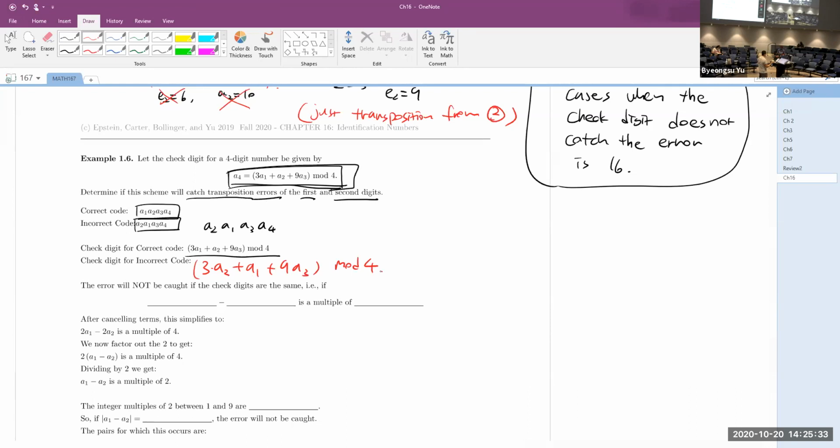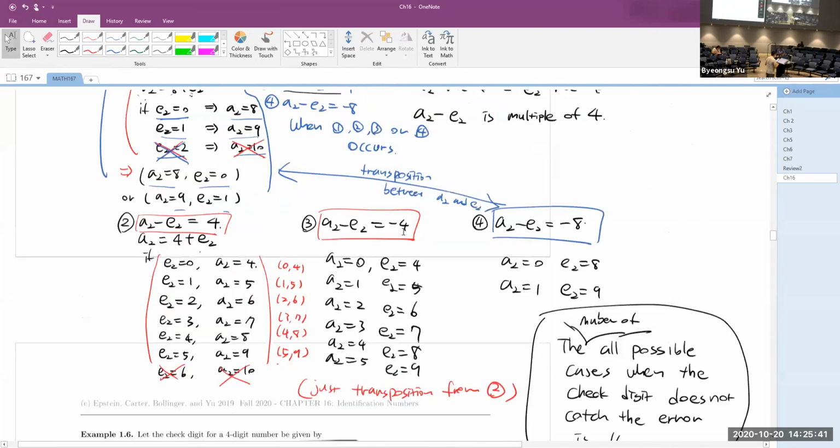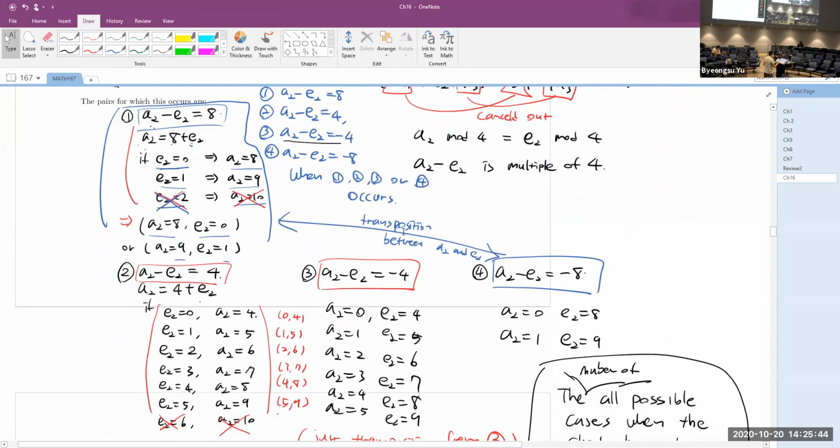Is it good? Wait, I have a question about the last problem. How did you get 16 again? 16 is just all the possible cases in the pairs, right? So here we have 1, 2, 3, 4, 5, 6, 7, 8.